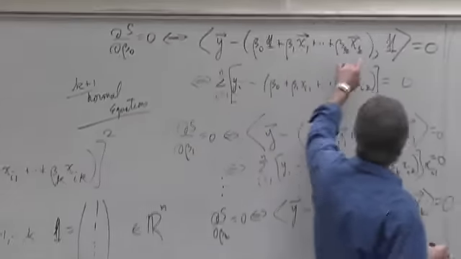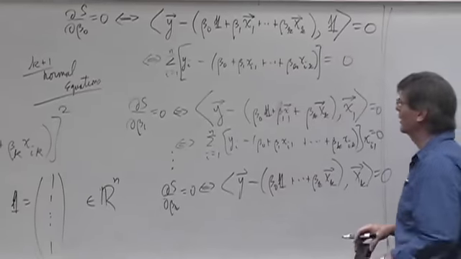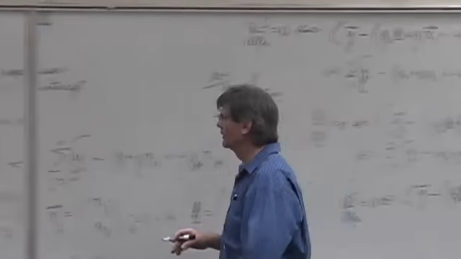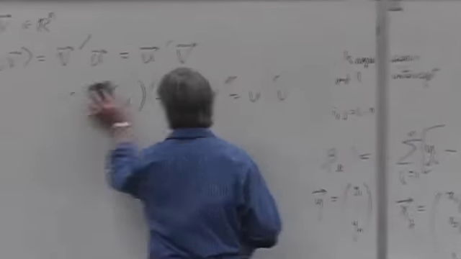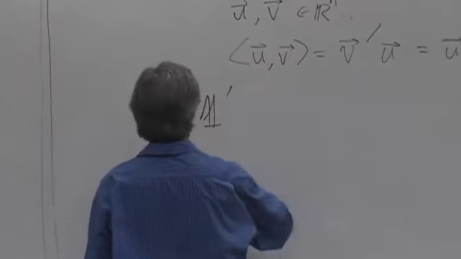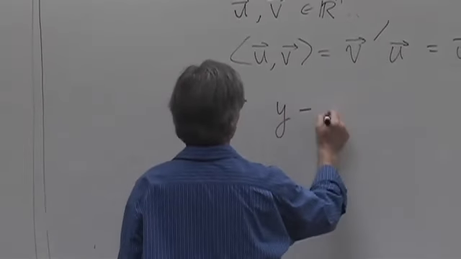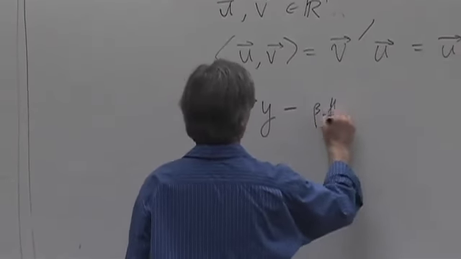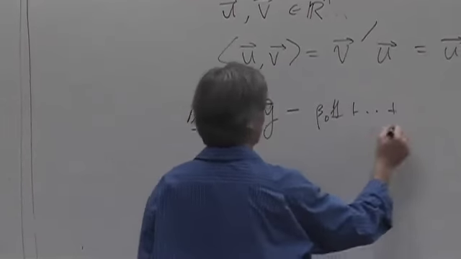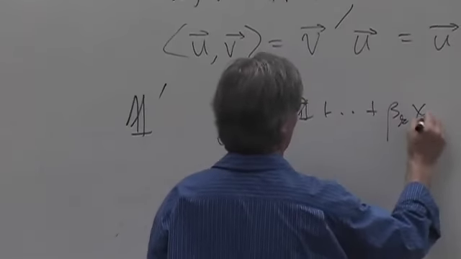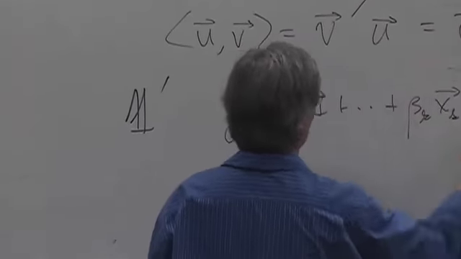So now I'm going to take these k plus 1 equations, and I'm going to write them as follows. I'm going to say that 1 prime times y minus beta 0 times 1, plus and so on, plus beta k xk, is equal to 0.